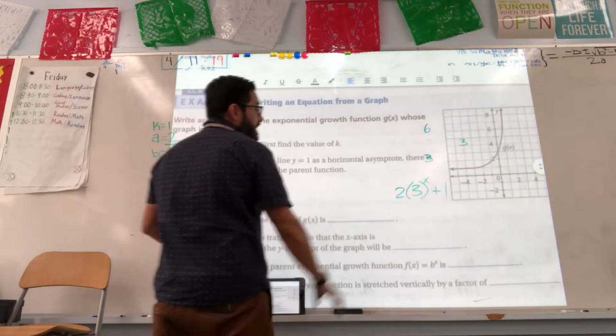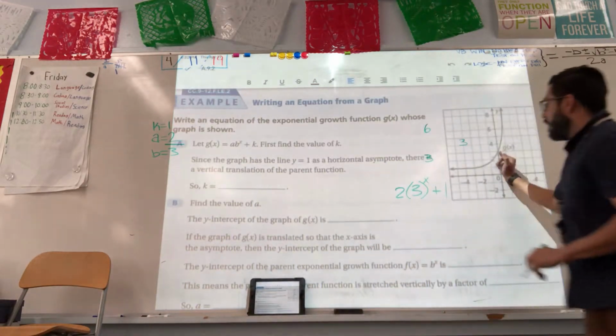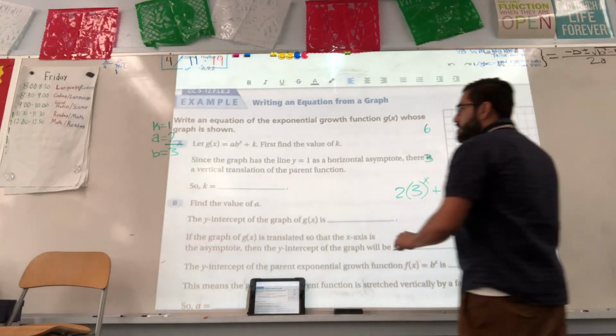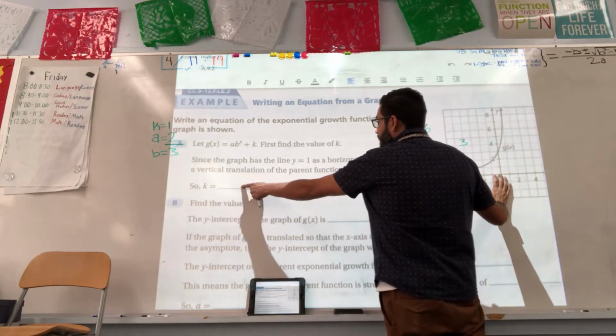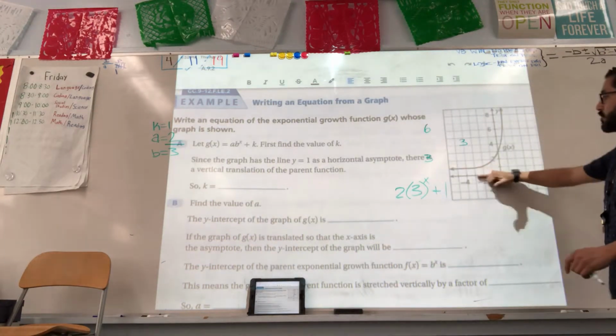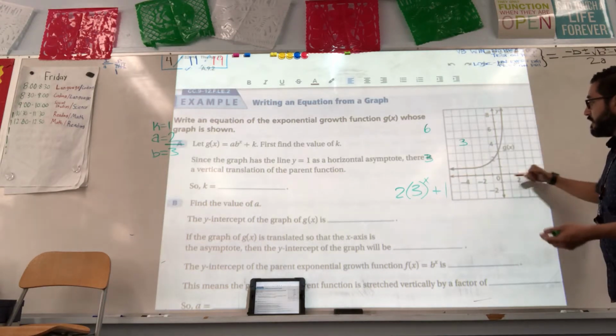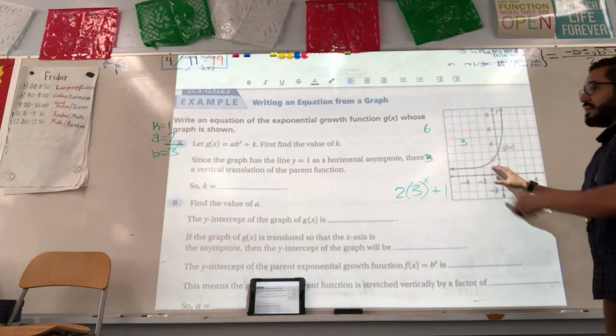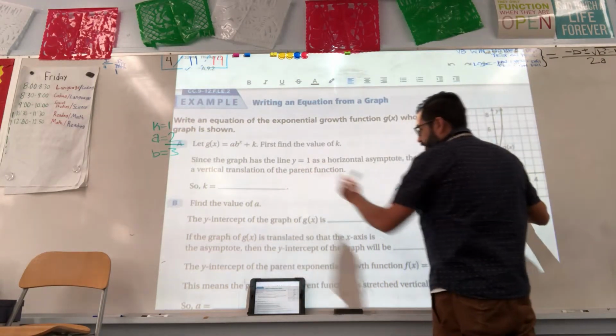So what you need to do, given a graph, is figure out what the asymptote is. Use that to help you find your value of k, because you know the asymptote should be the x-axis. If it isn't, did you move up? Did you move down? You have to figure that out in order to find your value of k.